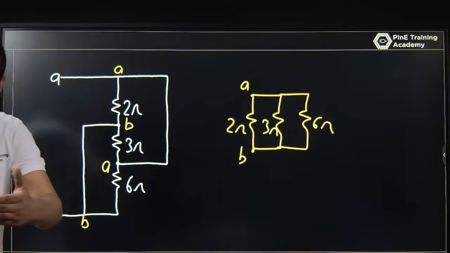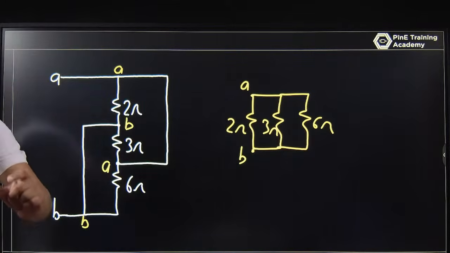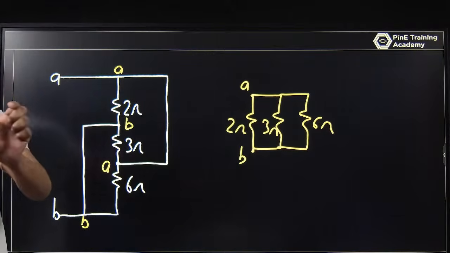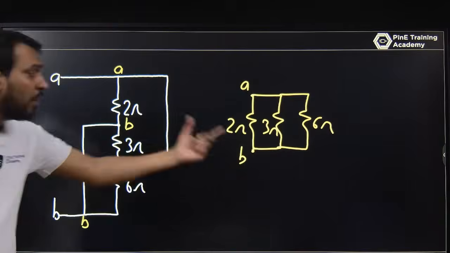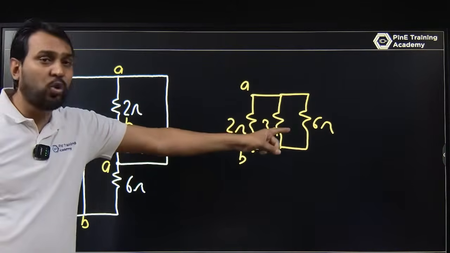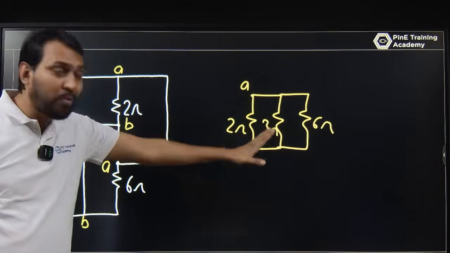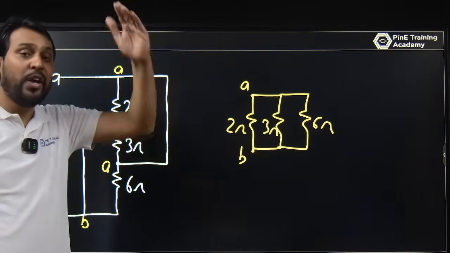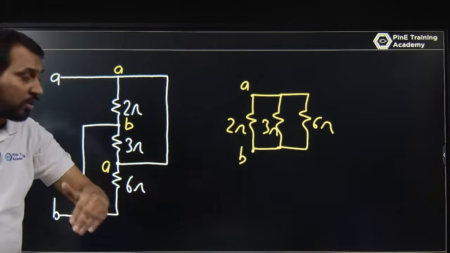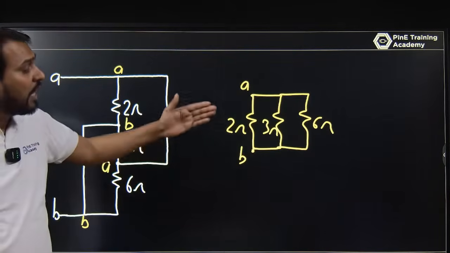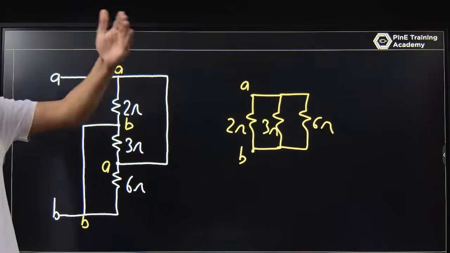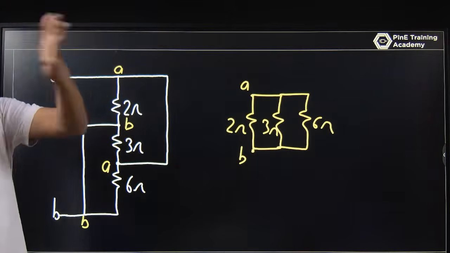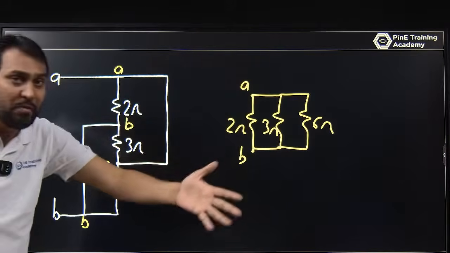And I am writing in this way that if the impedances are in parallel, the value should be less than or equal to the minimum value, among 2 ohm, 3 ohm, 6 ohm. If you don't have too much time to solve that question, if you have multiple types of questions, always think in this way, the minimum value is happening. If you have 4, 6, 3 or something like that, just find out where the minimum value is.